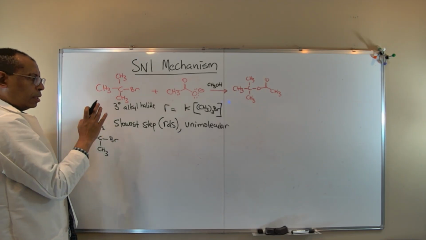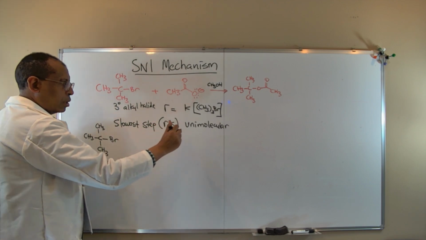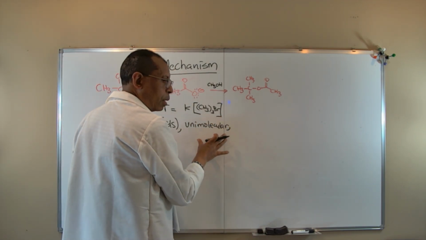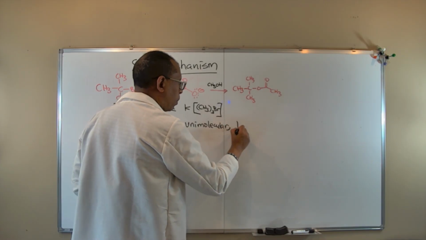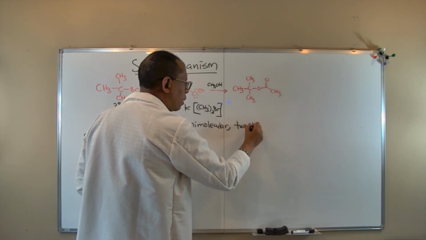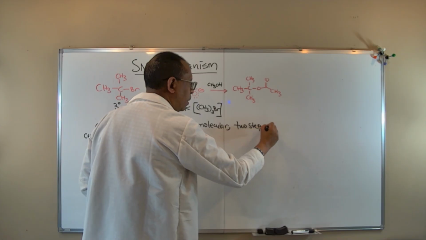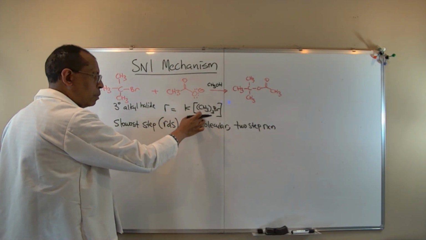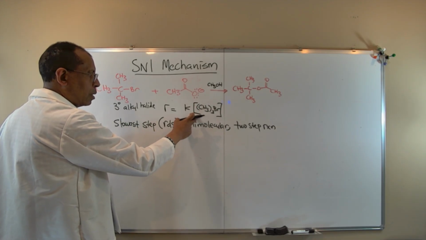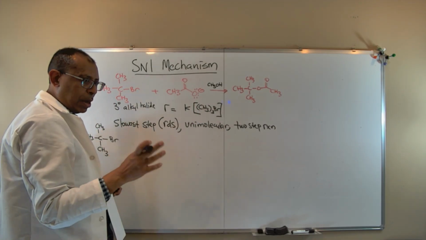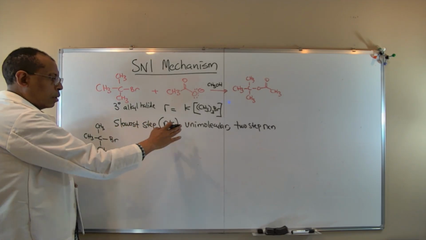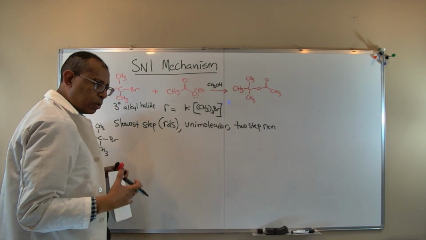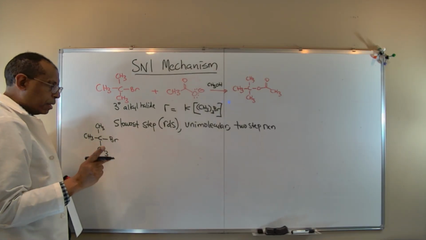This is a unimolecular reaction, but stepwise it is a two-step reaction. So don't confuse. It's a unimolecular species. That means at the rate determining step only the alkyl halide matters. That's why it's unimolecular. But in terms of how it proceeds, it's a two-step mechanism.